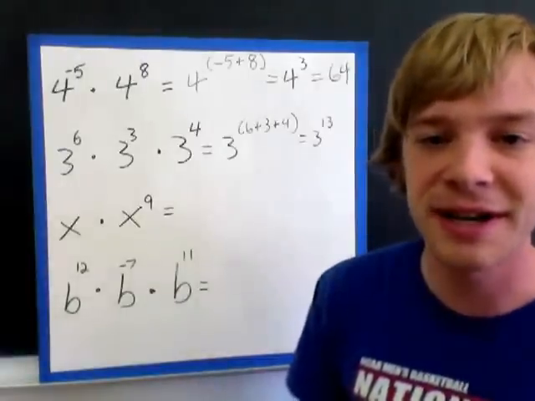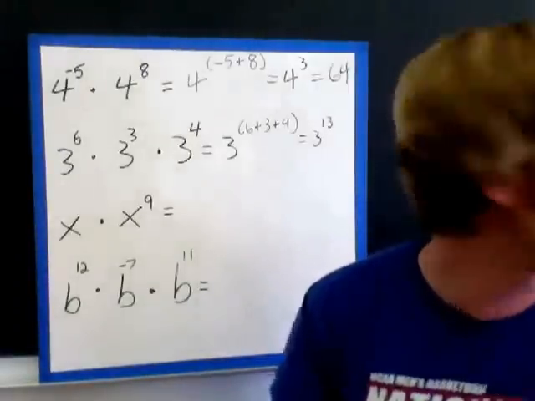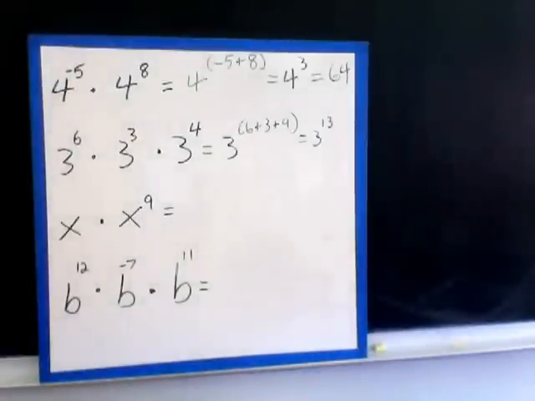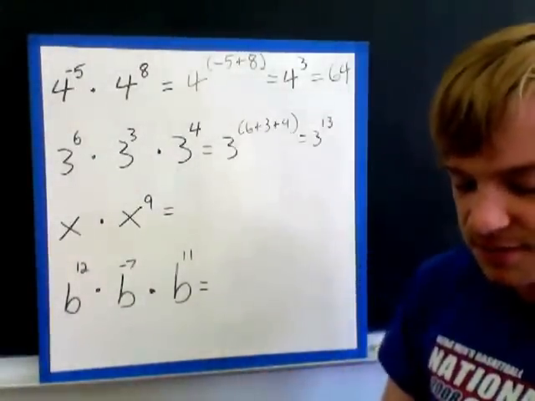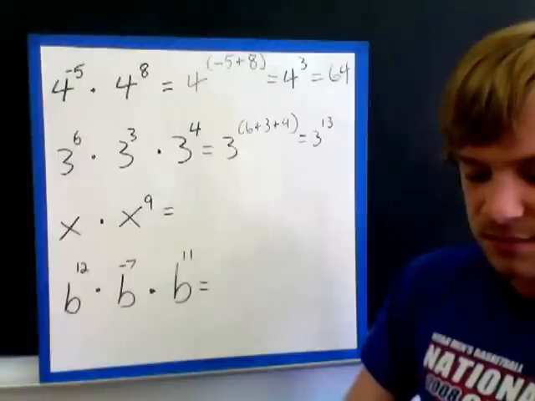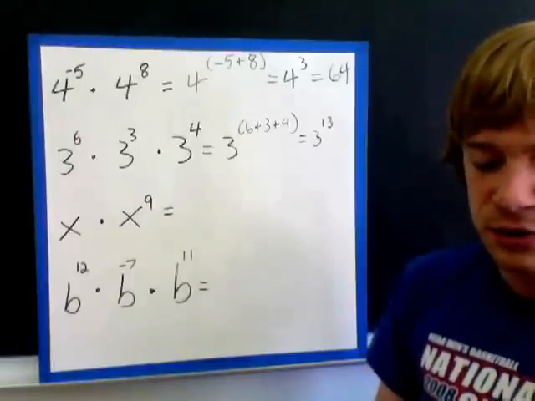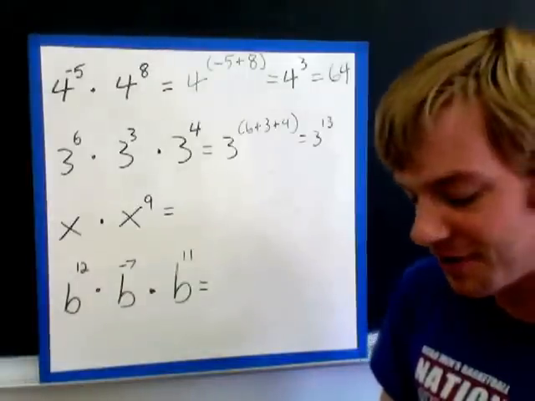And I'm going to need to grab my calculator because I can't quite do that in my head. But if I work this out, I should get a very large number here.